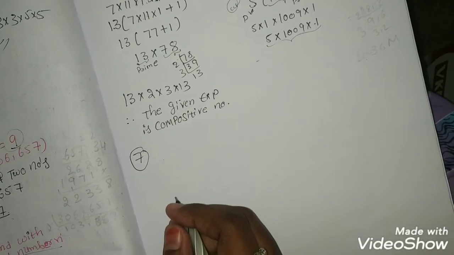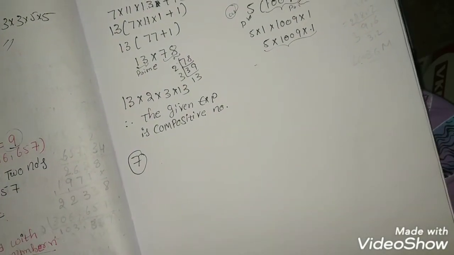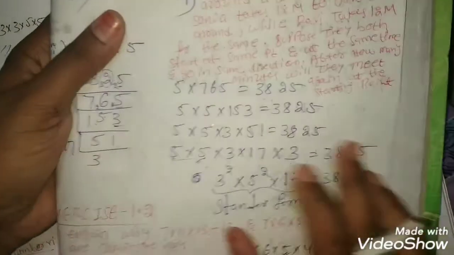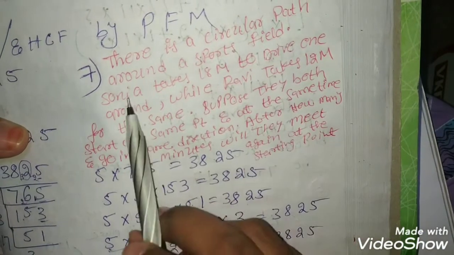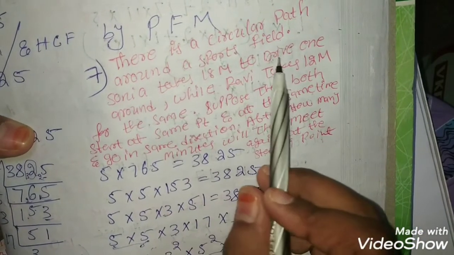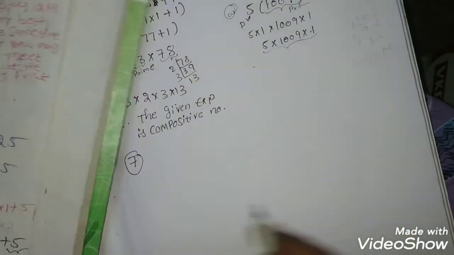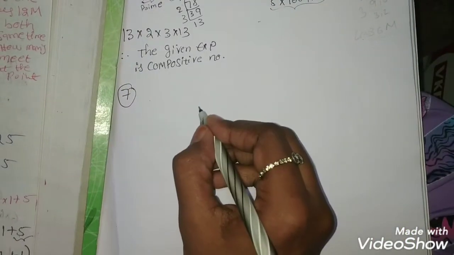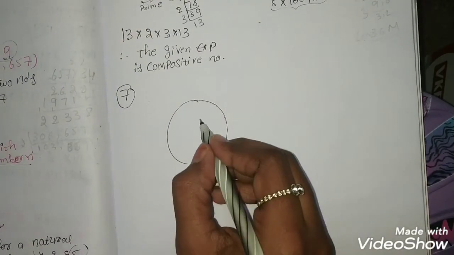So coming to the 7th question. In the 7th question what is given? There is a circular path around a sports field. Sonia takes 18 minutes to drive 1 round. Look here, this is a ground.